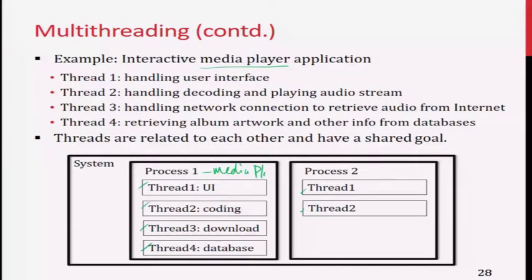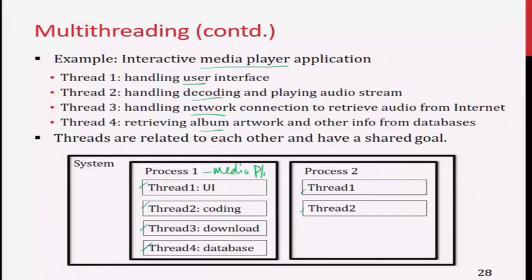It must be able to have a user interface. It must be able to do decoding. It may also do live streaming from the network, or it may be able to retrieve data from your file system. So your process 1, the media player, itself has multiple threads.